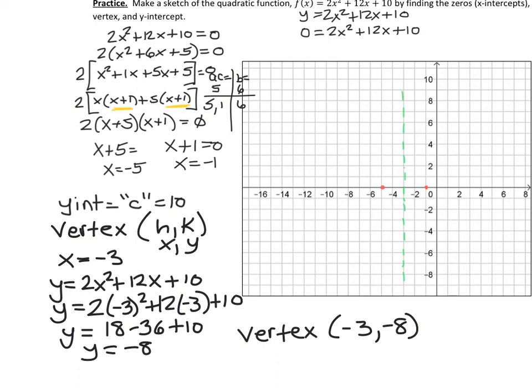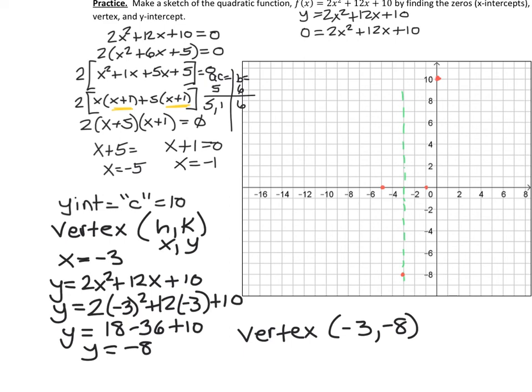So I can find where that location is and use that as a point, negative 3, negative 8. And our y-intercept, we already said, is up at positive 10. And you can see with the symmetry that y equals 10 is 3 over from the green line.